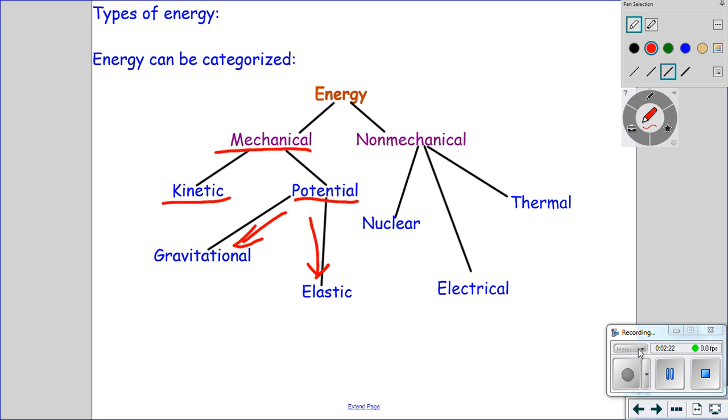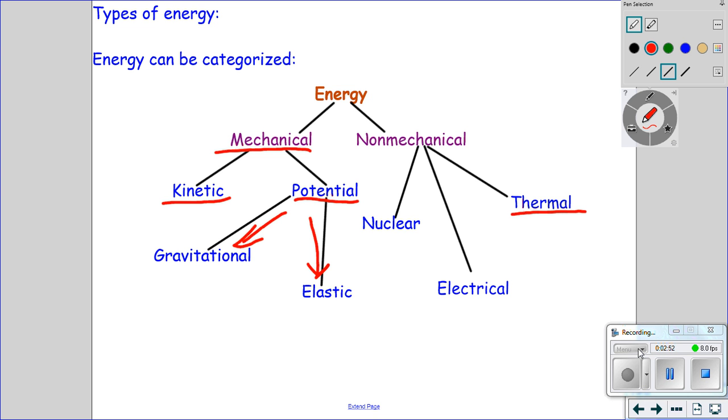If we have friction in the system, like with the second energy skate park that you were playing with, then we can introduce thermal energy into the system, and we classify thermal energy as a form of non-mechanical energy. Non-mechanical means that it's energy that does not have to do work or does not have to cause an object to move.